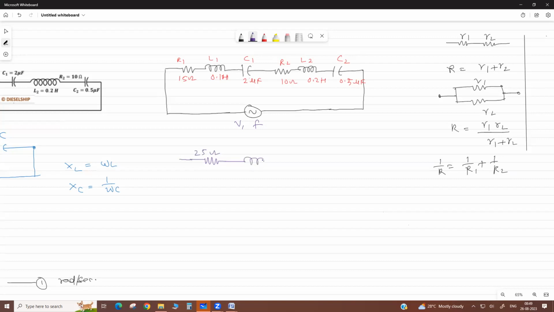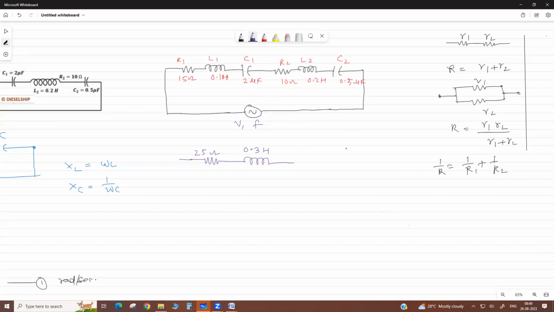Then total equivalent inductance, the 2 inductors are in series, so 0.1 plus 0.2 gives 0.3 Henry. Then you come to capacitance.